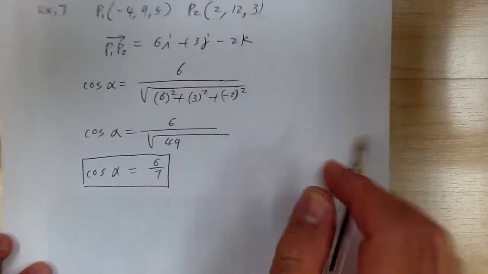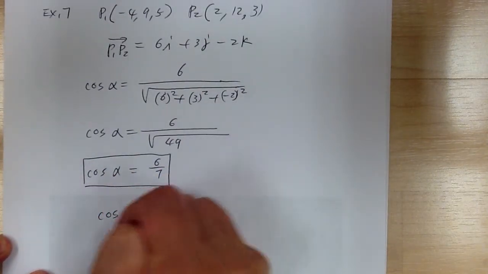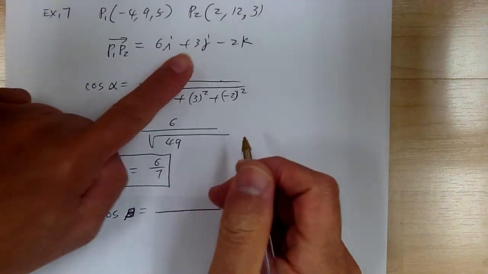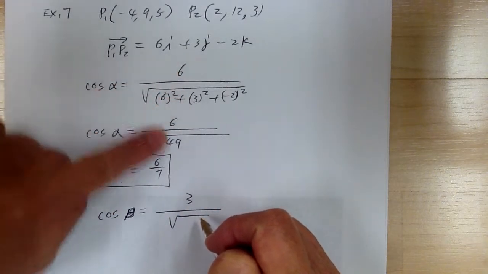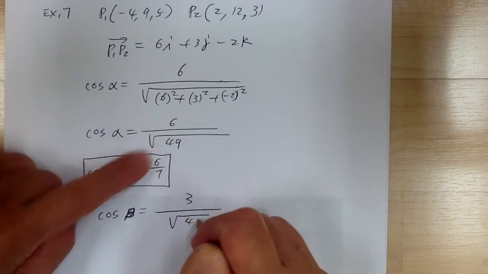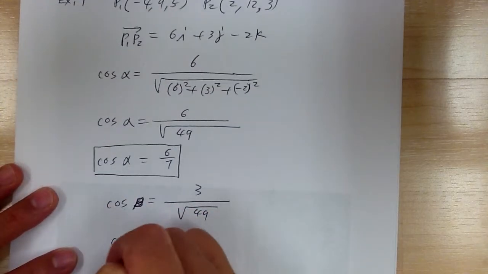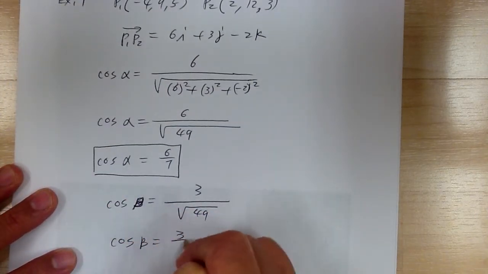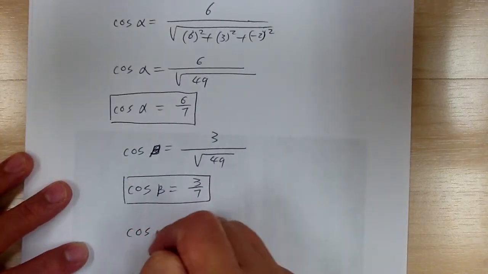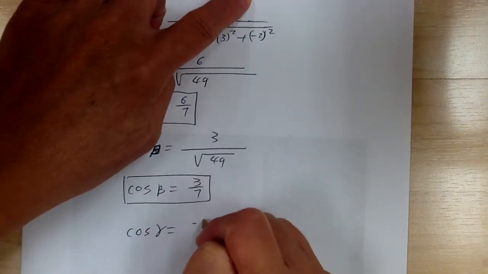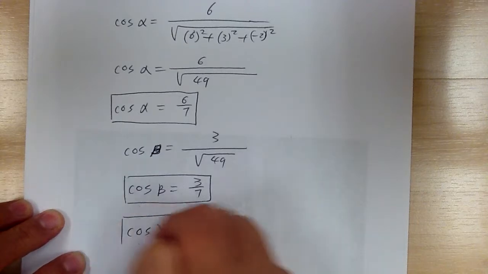And then for beta, cosine beta is going to be equal to the 3 divided by, well, the bottom is going to be the square root of 49. So cosine beta equals 3 over 7. Okay, and cosine gamma is going to be equal to negative 2 over 7.